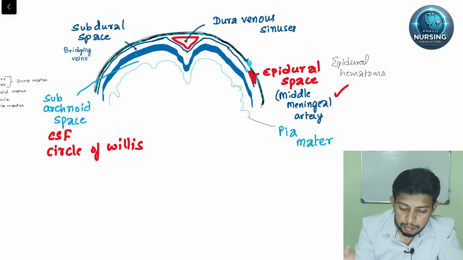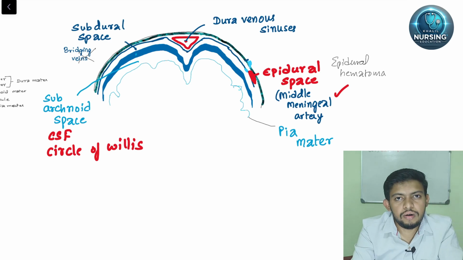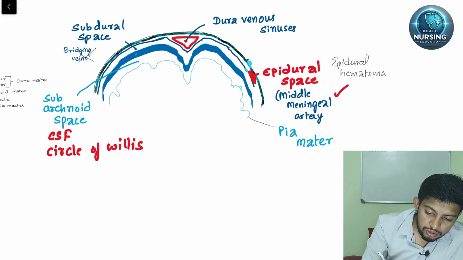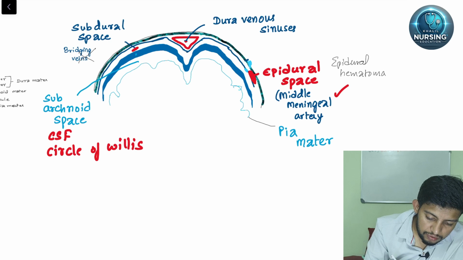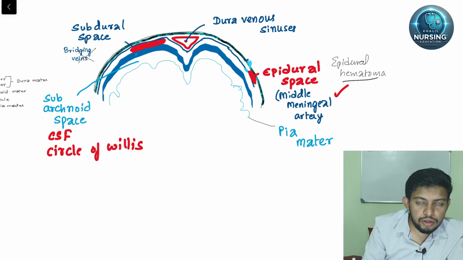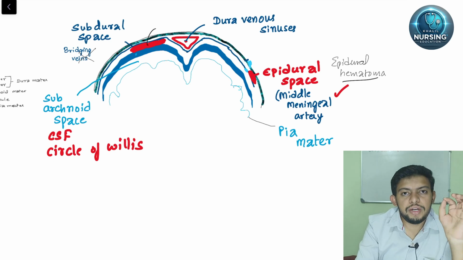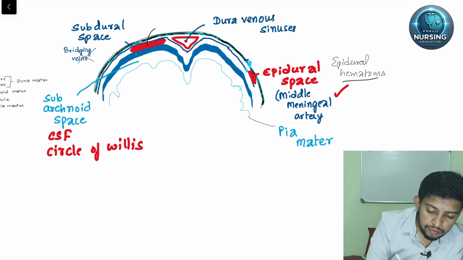And if there is any break or rupture of the bridging veins, there is bleeding in the subdural space, which will be called subdural hemorrhage. Clear? Okay.